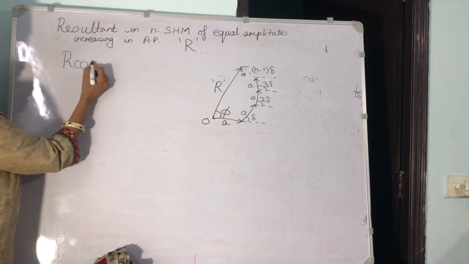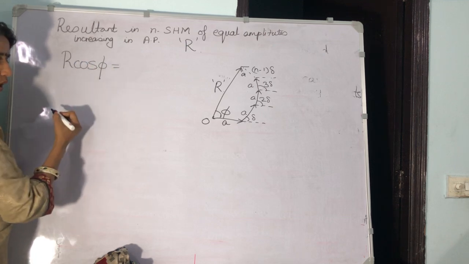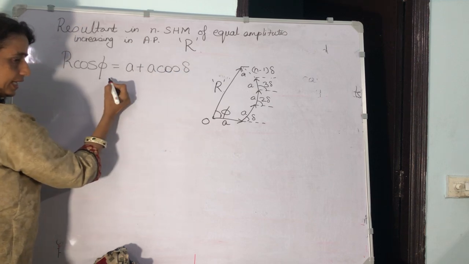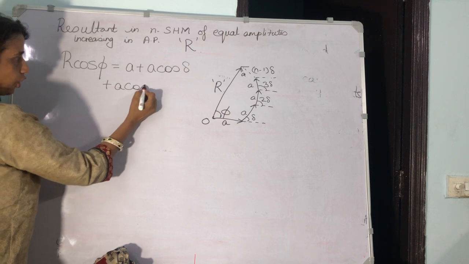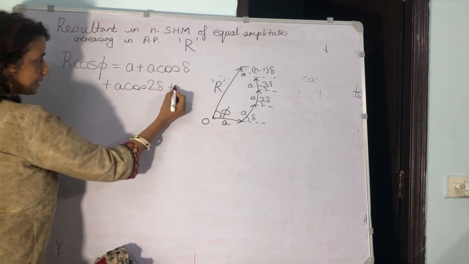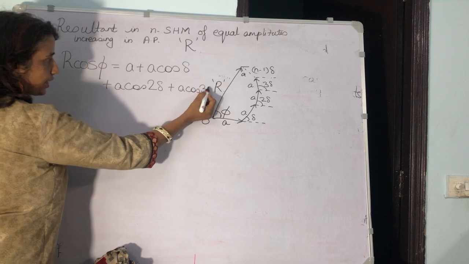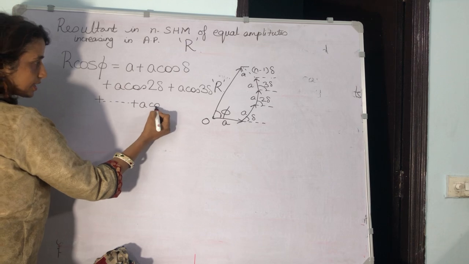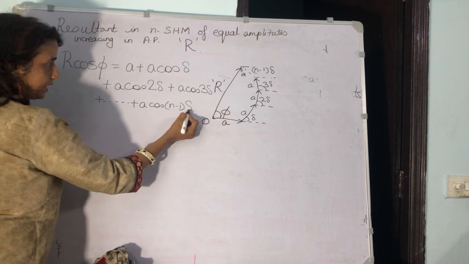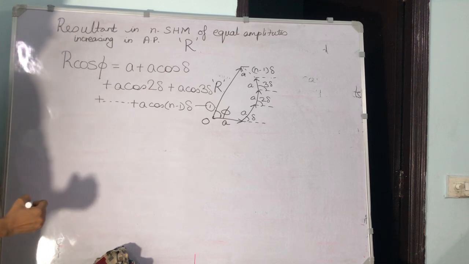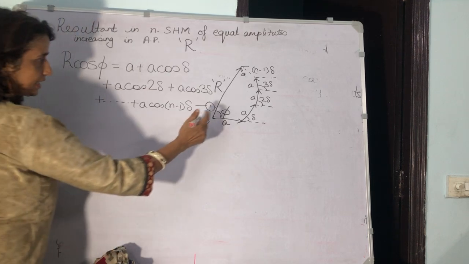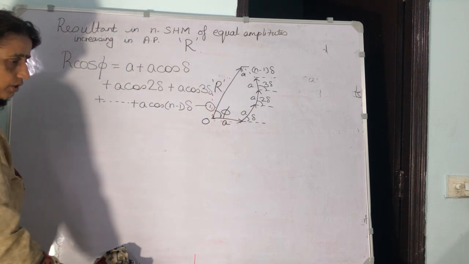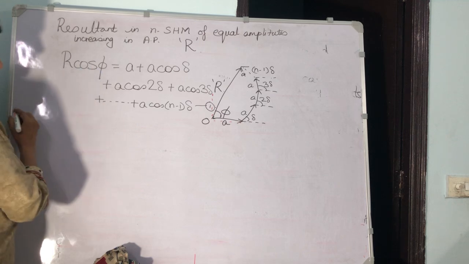R cos phi is equal to A plus A cos delta plus A cos 2 delta plus A cos 3 delta and so on till A cos (n minus 1) delta. This is the first equation. What have we done? We have resolved it into horizontal and perpendicular components. This is the horizontal component.